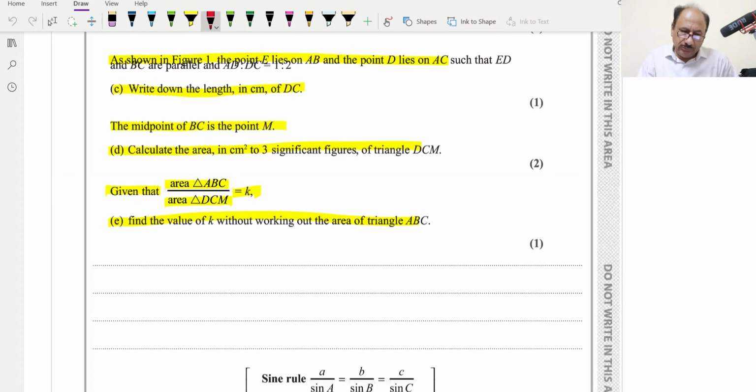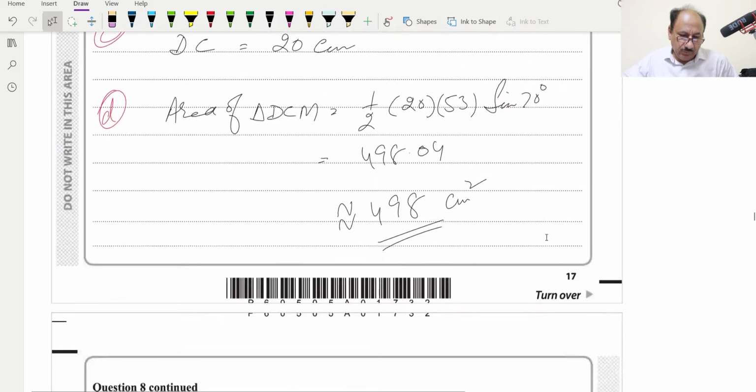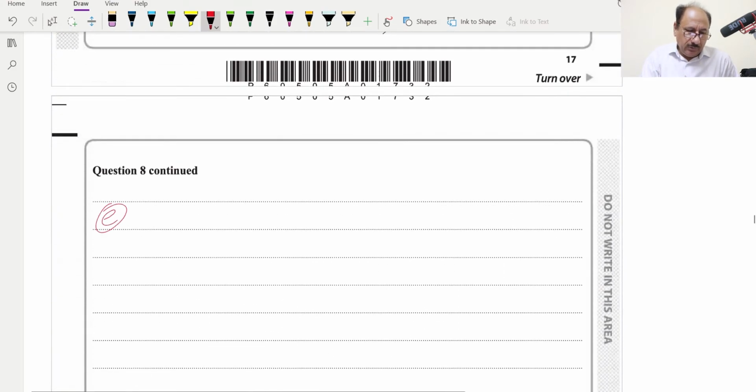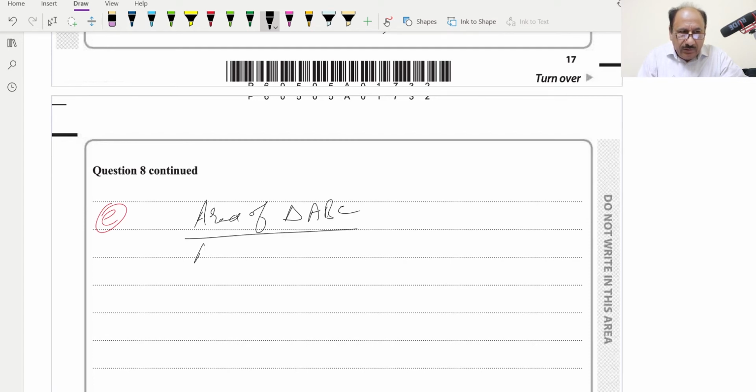So without working out the area of triangle ABC, we have to find the value of K. For this part E, we can write the areas of the bigger triangle and the smaller triangle, and we can write area of triangle ABC over area of DCM is equal to K. This is what we have to write.